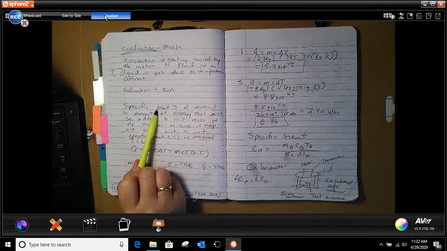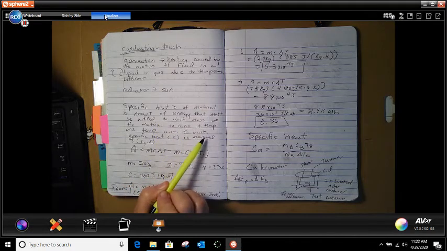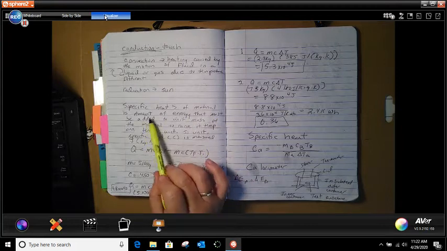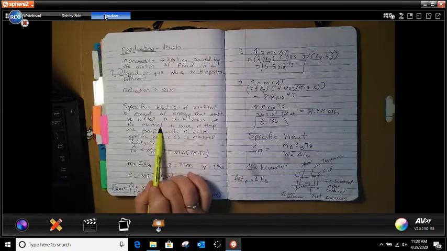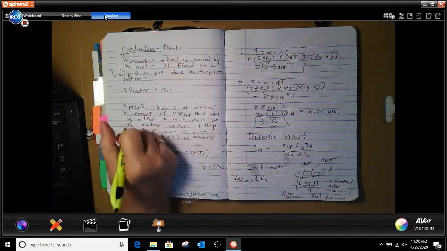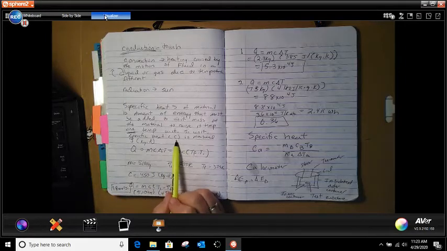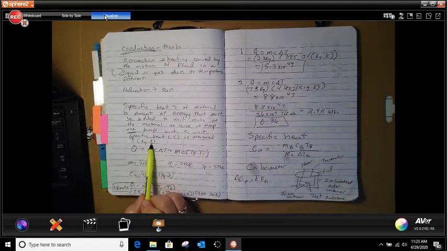Specific heat is the amount of energy that raises the temperature 1 degree. It says here it's the amount of energy that must be added to a unit of mass of material to raise its temperature 1 temperature unit. The SI unit of specific heat is C, which is measured in joules per kilogram times Kelvin.